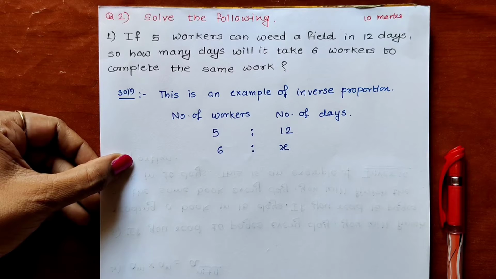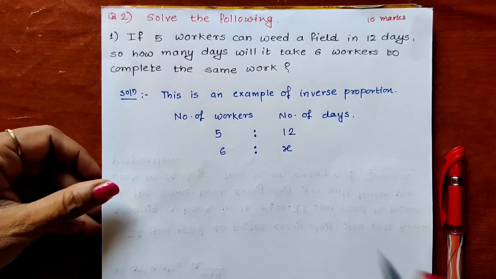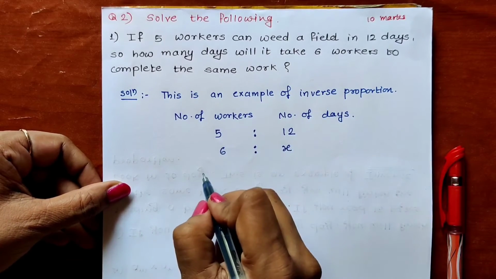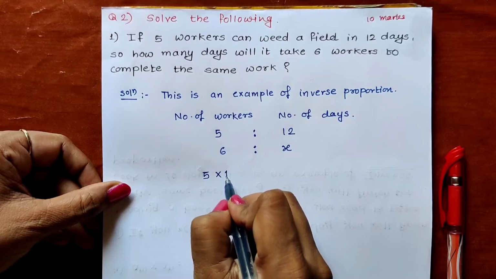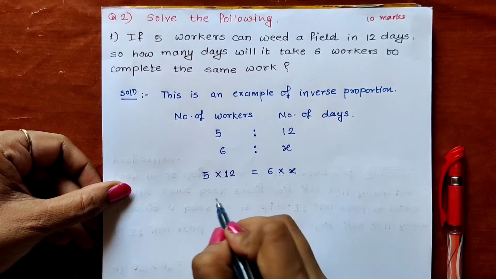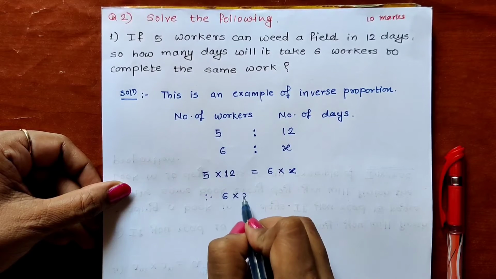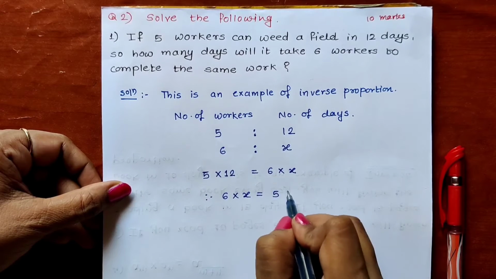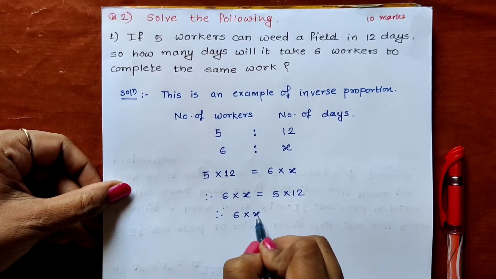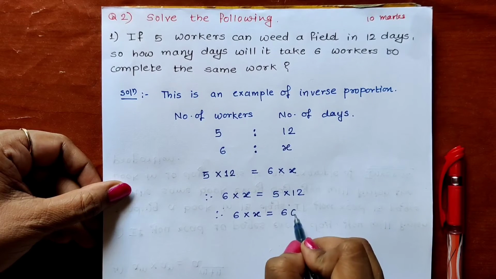Now, as it is inverse proportion, what do we have to do? In inverse proportion, the multiplication is constant, and that's why 5 into 12 is equal to 6 into X. It means 6 into X is equal to 5 into 12. Therefore, 6 multiplied by X equals, 5 12s are 60.